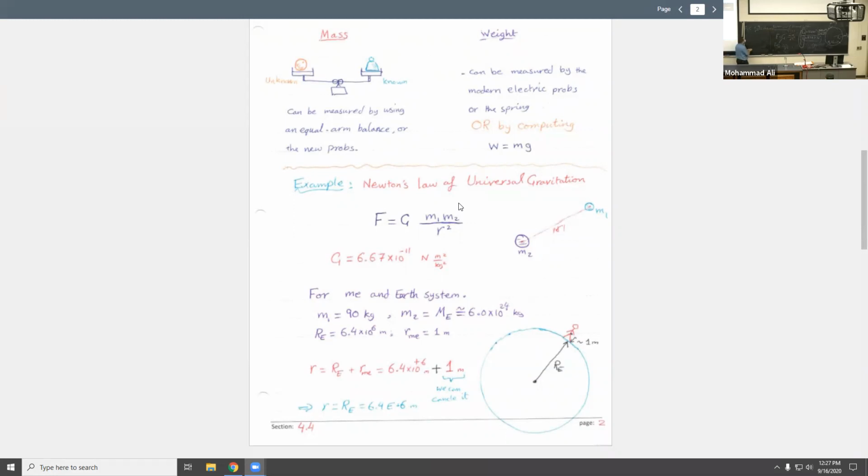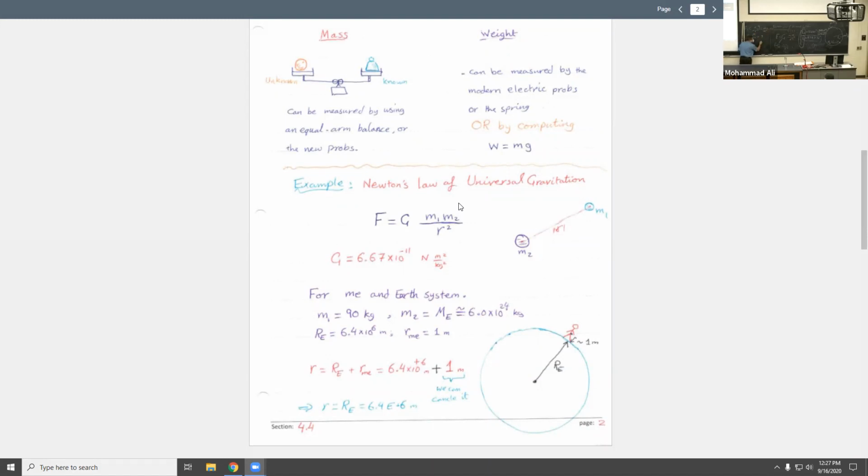Now we have m for me on both sides. I can divide over m1 and cancel it. So I have G capital multiplied by the mass of the planet over R squared is equal to g.